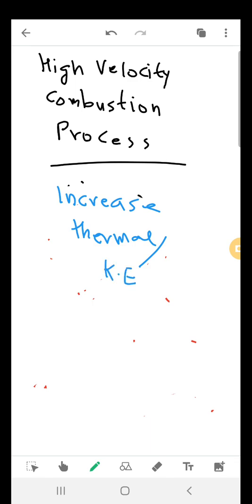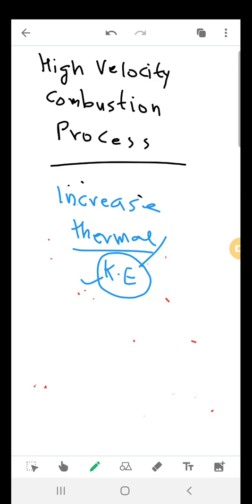So here comes the role of the high velocity combustion process. Instead of increasing the thermal energy, we mainly focus on increasing the kinetic energy of the molten particles, because increasing thermal energy might not be sufficient to maintain the integrity of the material, so it's always better to increase the velocity of the gas.